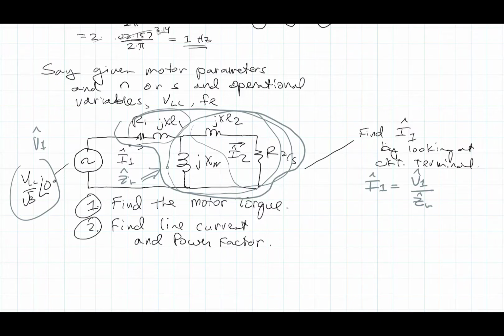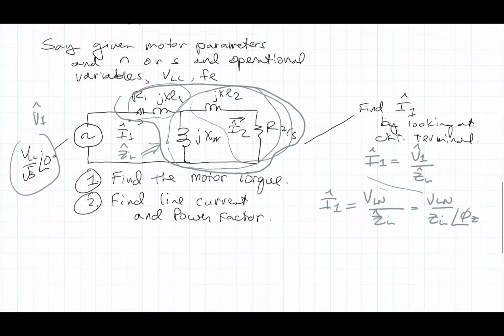And then when you do this division, I1 is equal to V1, which has a 0 degree reference, so there's just a voltage on the top. So you could say the line-to-neutral RMS voltage divided by Zin. You've got an amplitude of Zin, and you've got an angle of the impedance.